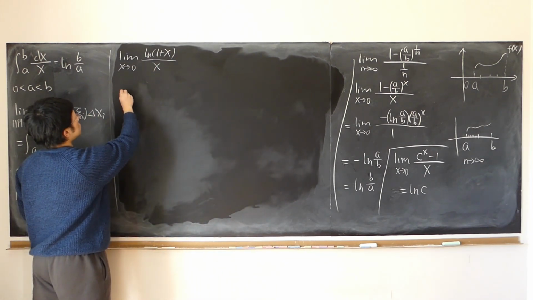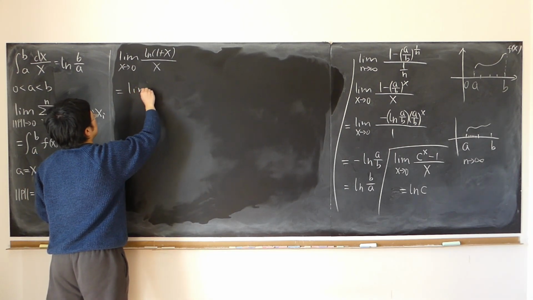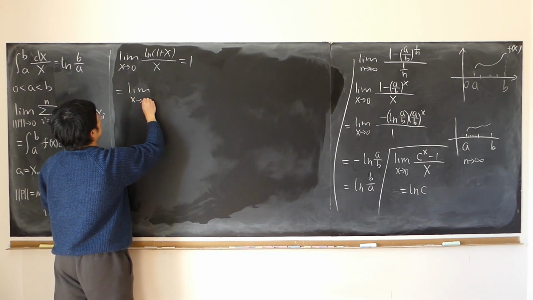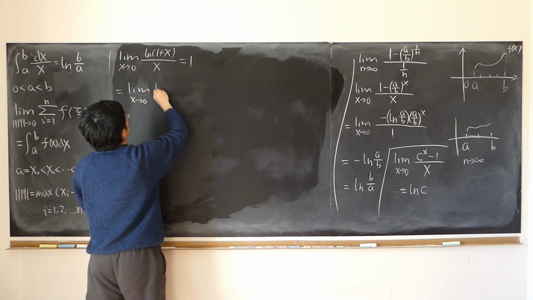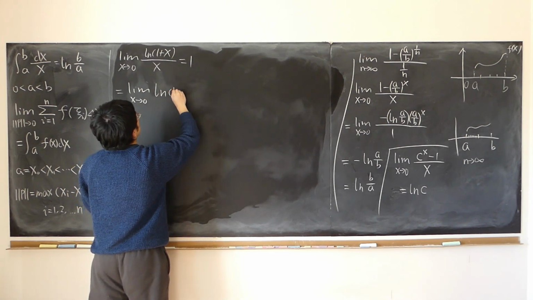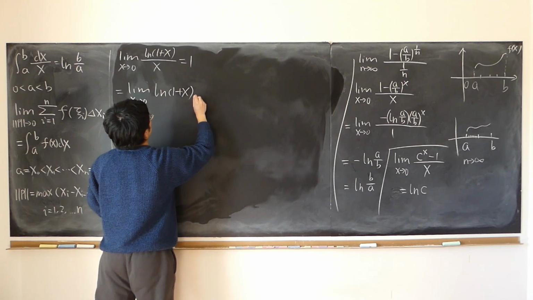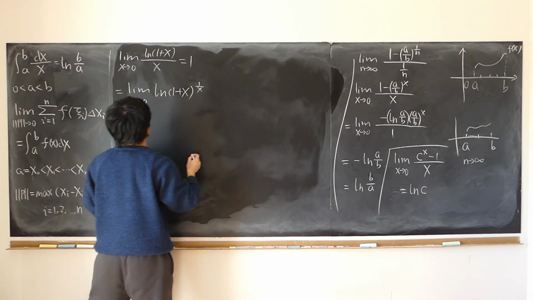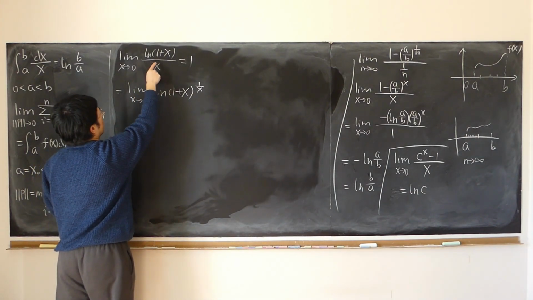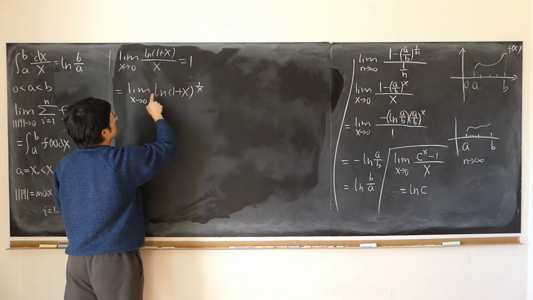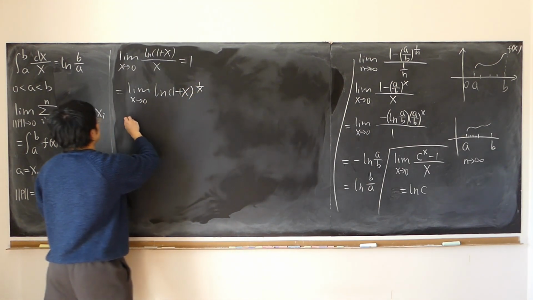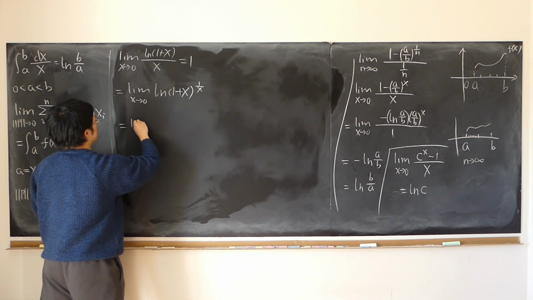In that case, I've shown that the limit is equal to 1, because it can be written, according to the logarithm rule, as 1 over x times log of 1 plus x, and then put the 1 over x to the power inside.